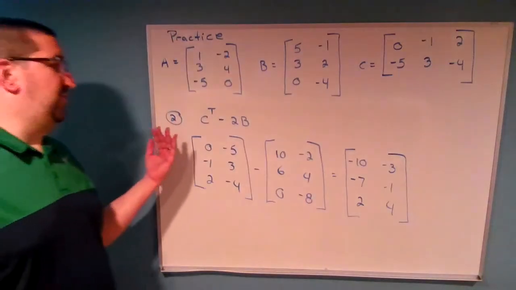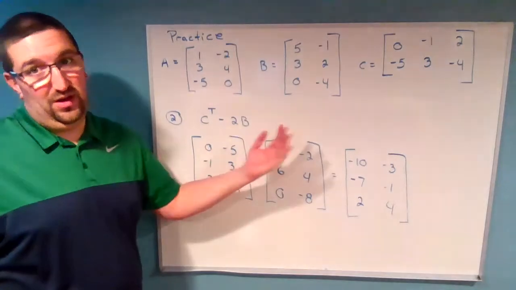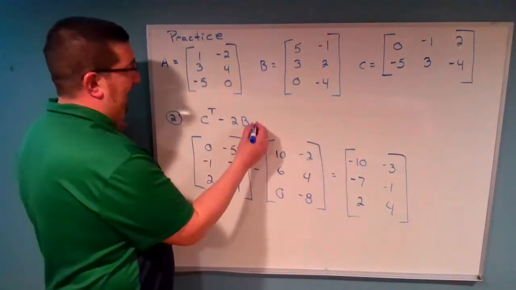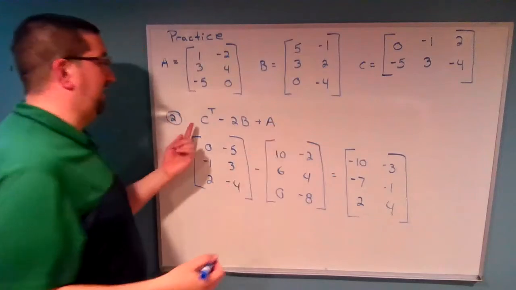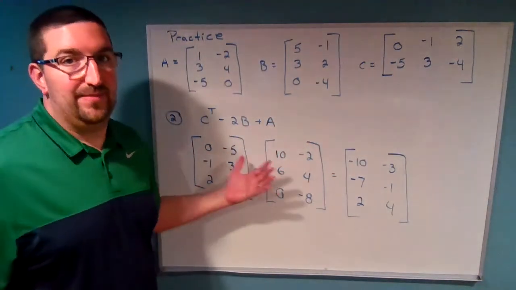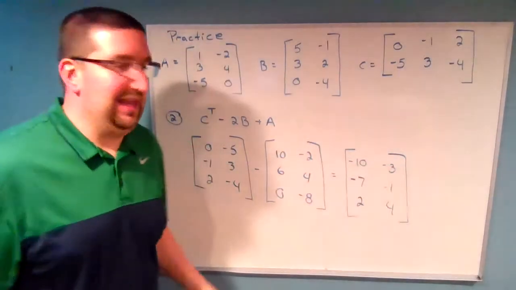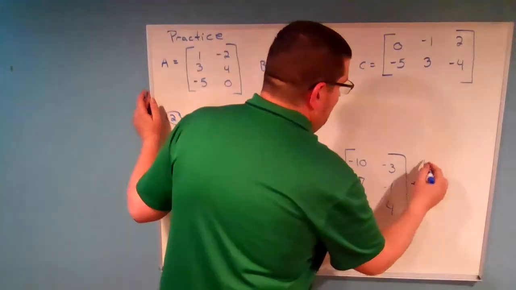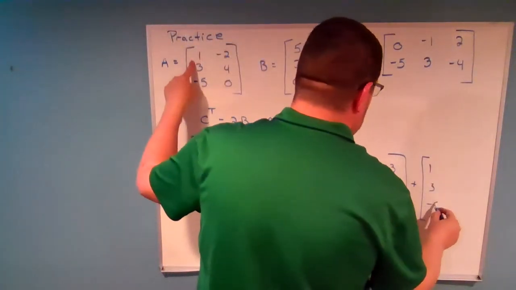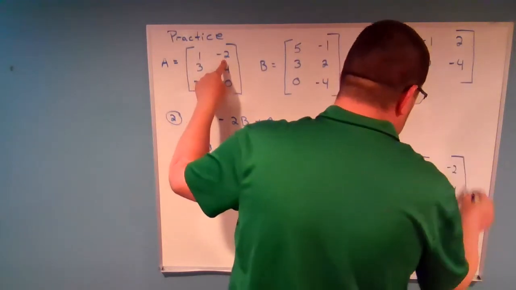Okay. You might see something else added on to the end. You might see a third one. If I chose to then change this and say, well, add on A to this, and you have 3 things, do it like you would a normal problem, okay? Subtract the first 2, and then add on A. So I can add on A here of 1, 3, negative 5, negative 2, 4, 0.